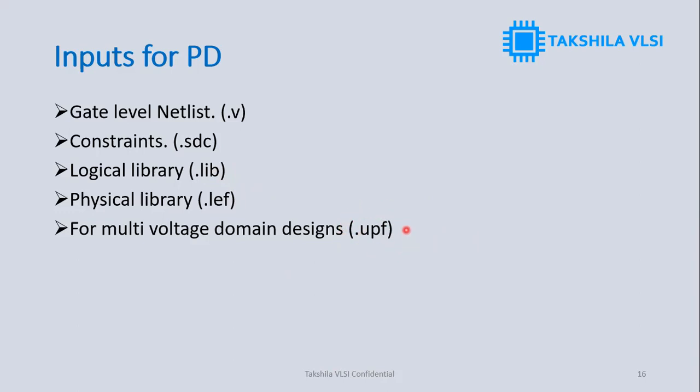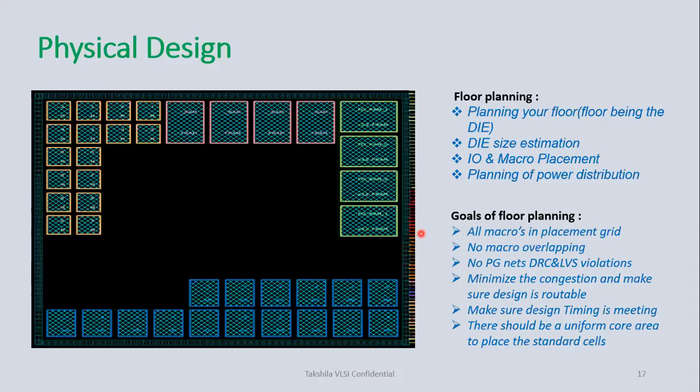So these are the necessary files. There are some other files also, but we will discuss only these. Once you work on real time projects, you will get to know the complete list of input files. The first stage in the physical design flow is floor planning.